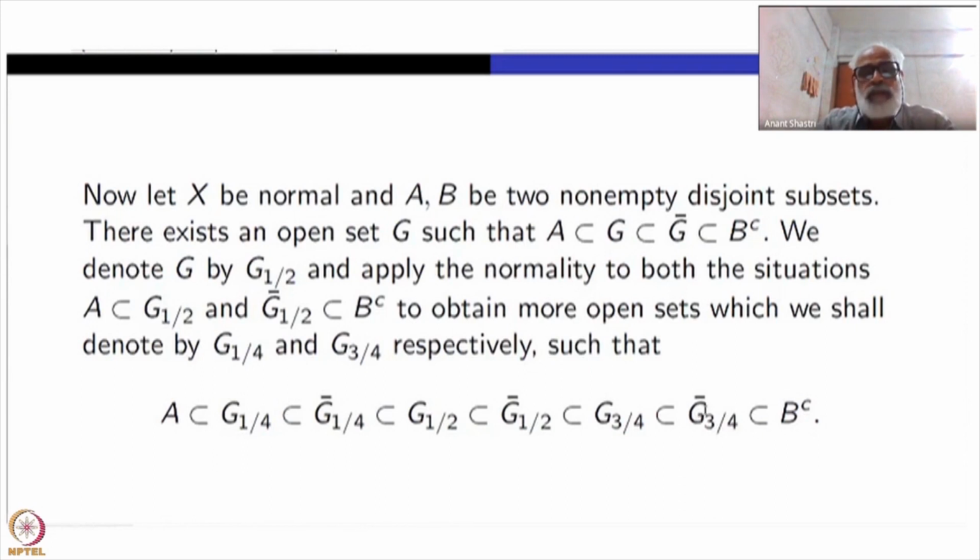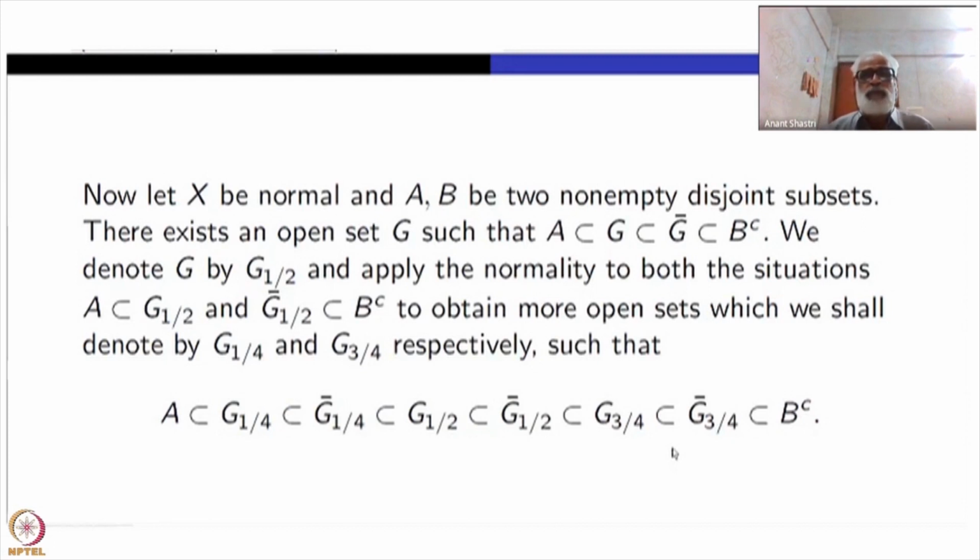See what I have done from 1 by 2. Half of that is 1 by 4. Between 1 by 2 and 1, I have 3/4. So keep on cutting down by half. Next time you'll get 1 by 8, 2 by 8, 3 by 8, 4 by 8, 5 by 8, 6 by 8, 7 by 8, right?